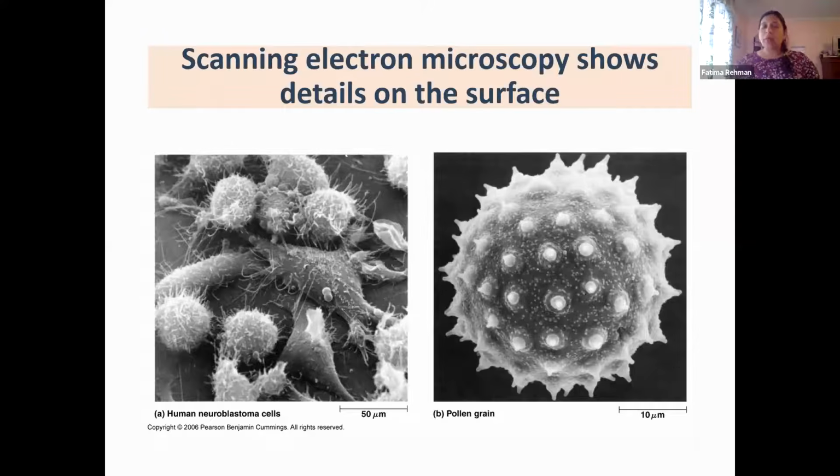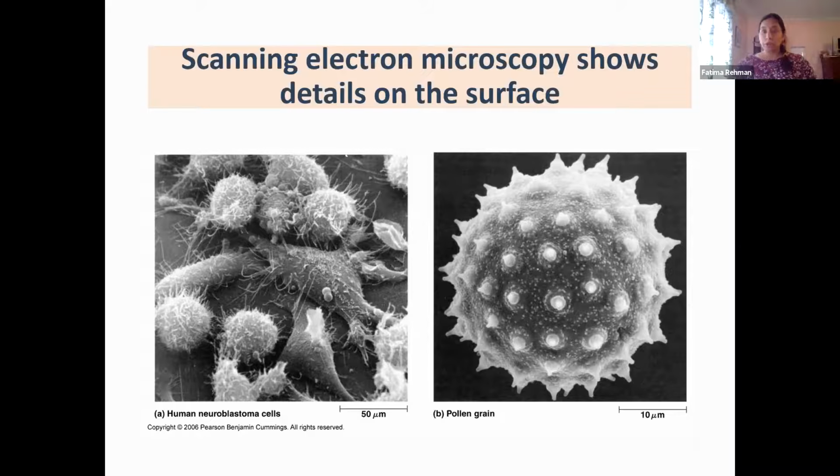To do that, what we use is a special type of electron microscopy called scanning electron microscopy. So when we do electron microscopy, like I said, the biggest difference between light microscopy and electron microscopy is that in light microscopy, you are throwing a beam of light at your tissue or at your slide. In electron microscopy, you're throwing a beam of electrons. Now, within the category of electron microscopy, there are two different ways you can do it.